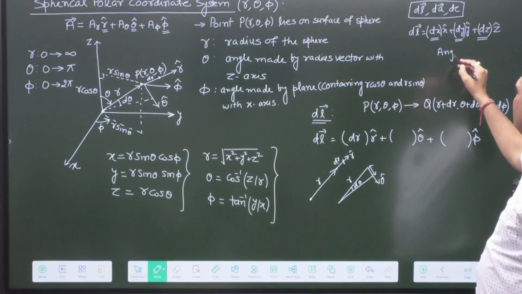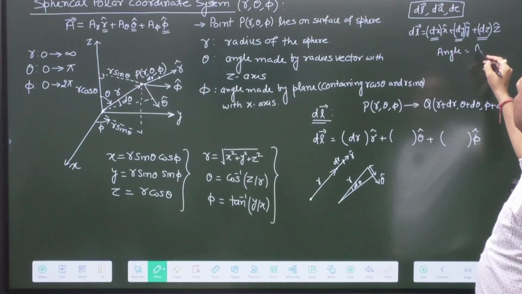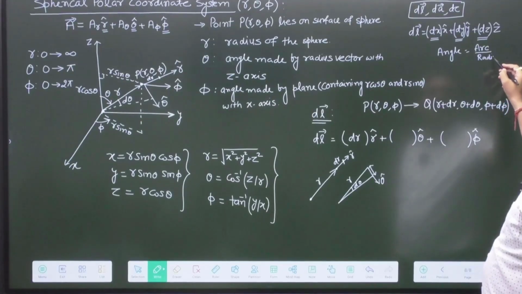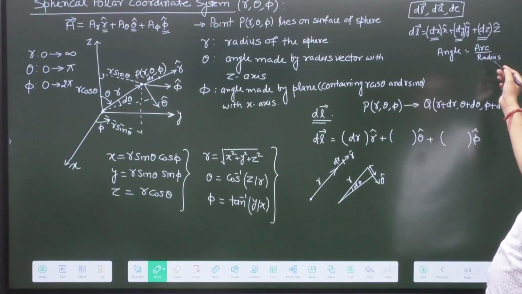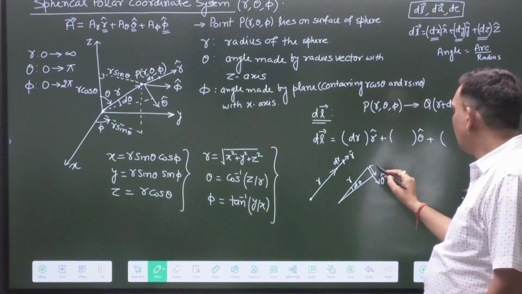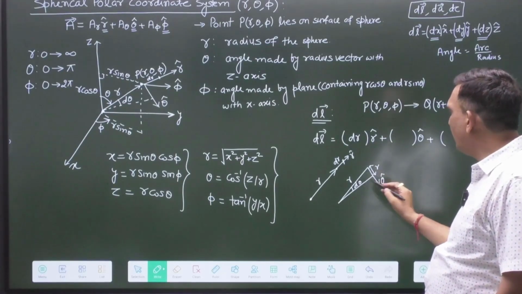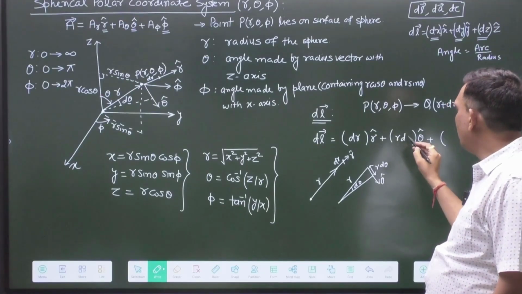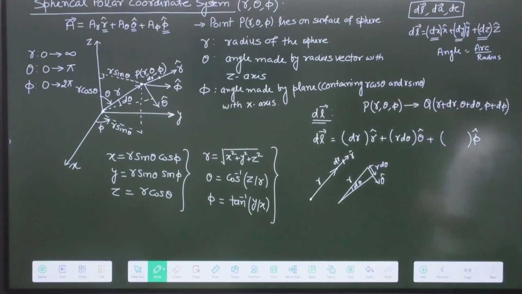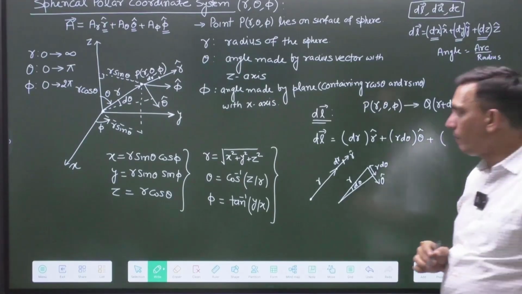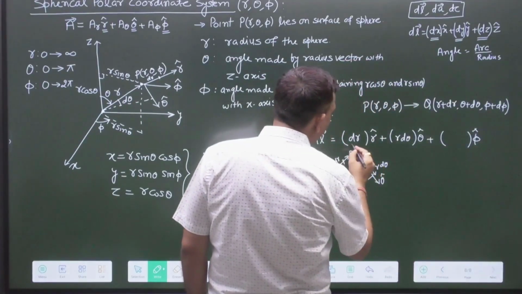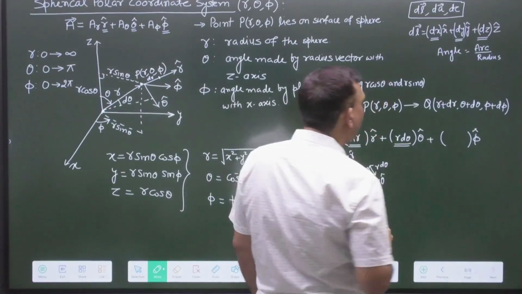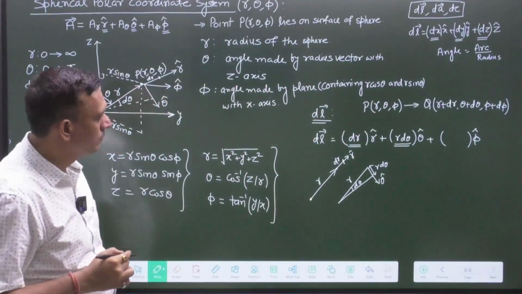So this arc will be r into d theta. So this change is given by r d theta. So change along r cap is dr. Change along theta cap is r d theta.